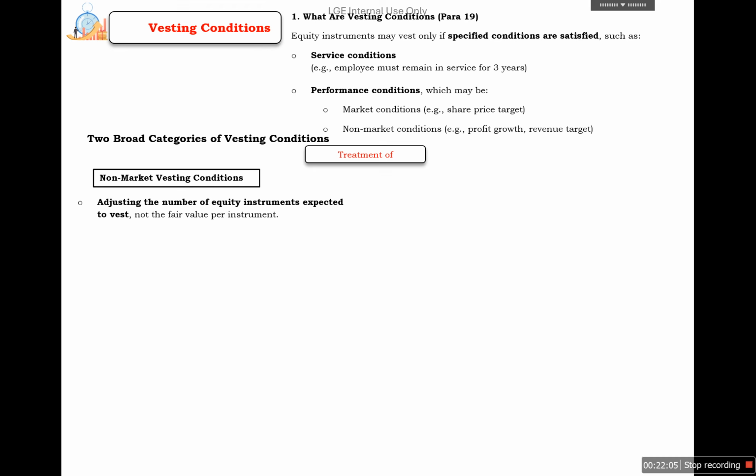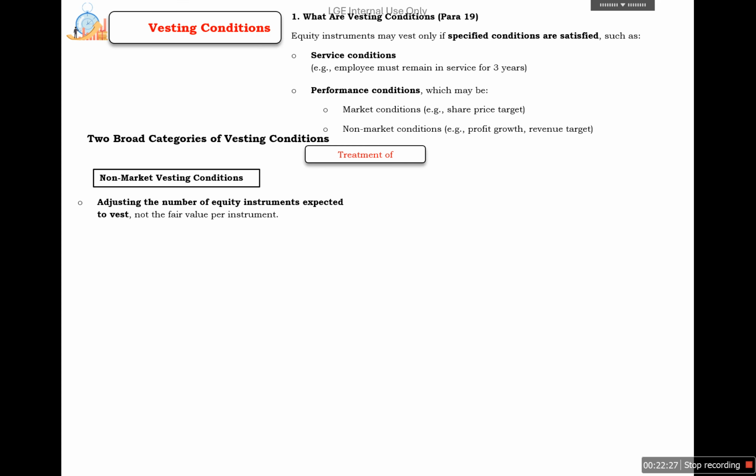and not the fair value of the instrument, as we have solved one question where we change the number of equity instruments, not the grant. So in this case, we need to adjust the number of equity instruments that we are supposed to provide to the employees.